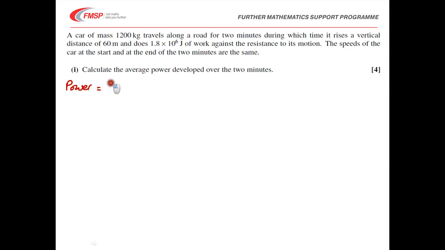Power is going to be total work done over time, and the work done in this particular case comes in two forms. It comes in the form of gravitational potential energy, which has been gained, and work done against the resistances.